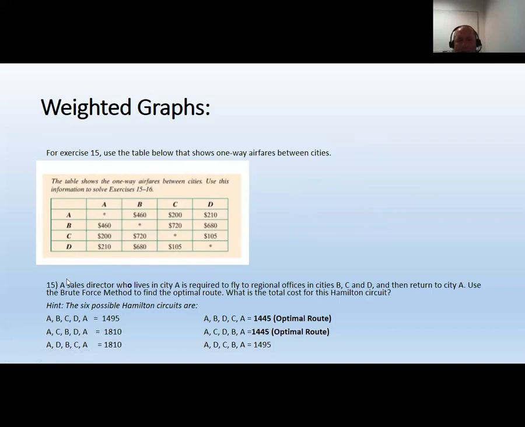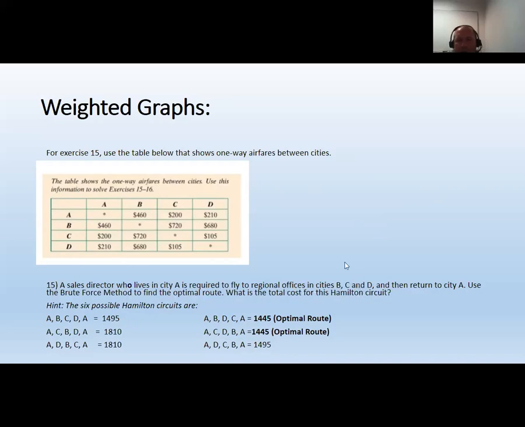So basically, we've got the same table we had on the previous problem. 15 says a sales director who lives in city A is required to fly to regional offices in cities B, C, and D, and then return to city A. Use the brute force method to find the optimal route. What is the total cost for this Hamilton circuit?